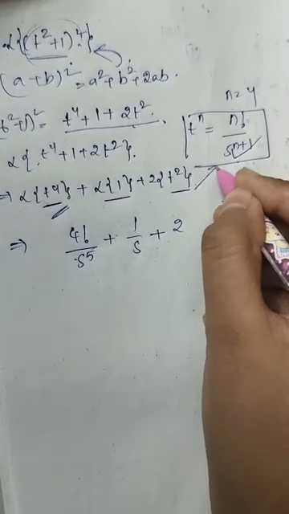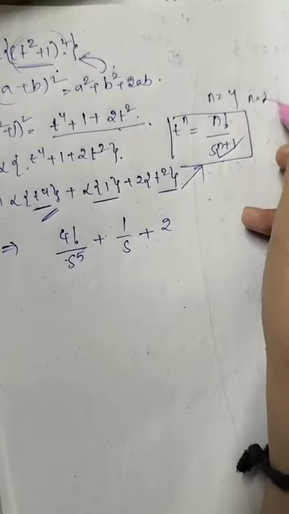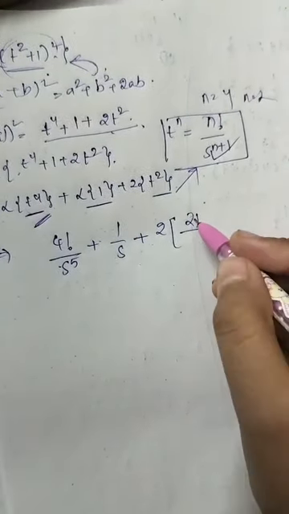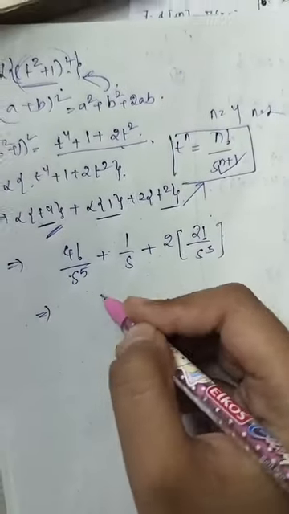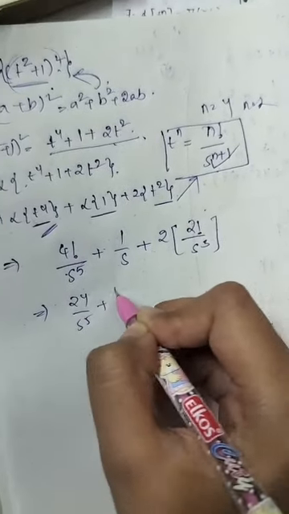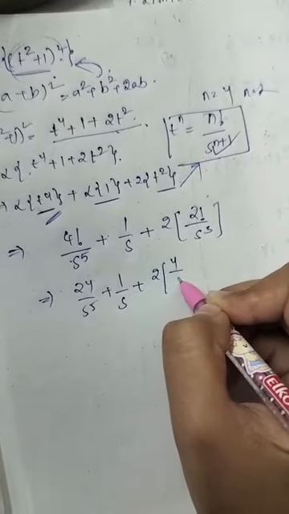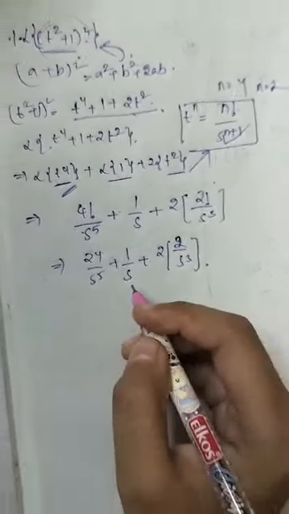Then again we use the same formula. Now n is equal to 2, that is 2 factorial by s power 3. Now 4 factorial is 24, plus 1 by s, plus 2 into 2 by s power 3.